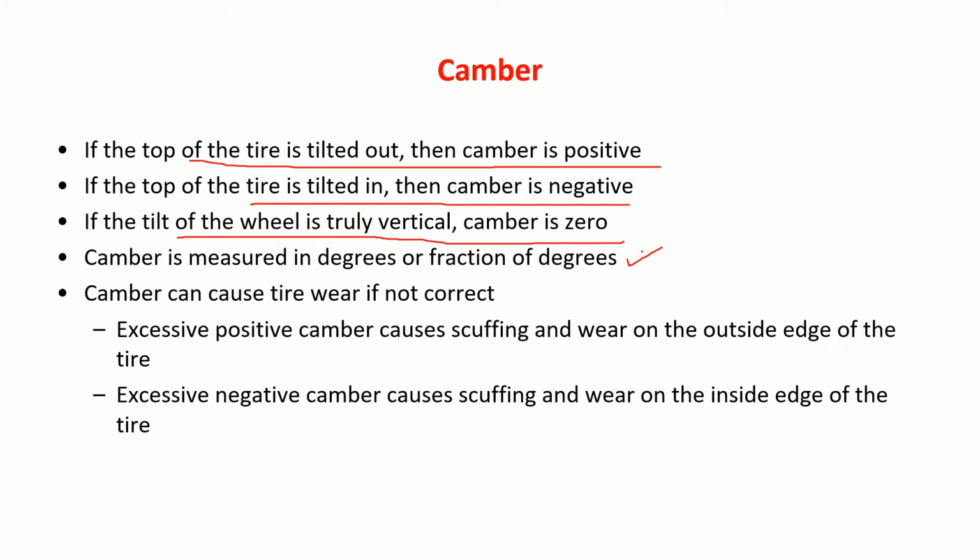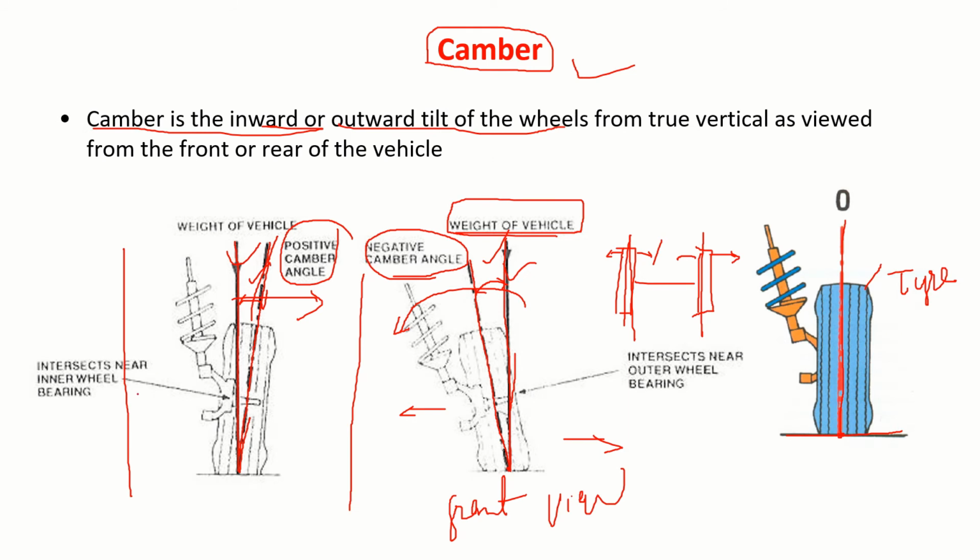I'll give the specifications. And as I mentioned already, excessive positive camber causes tire wear, scuffing and wear on the outside edge of the tire. You can observe here I have given positive camber, so this portion is scrubbing, right? So here you will find too much wear.